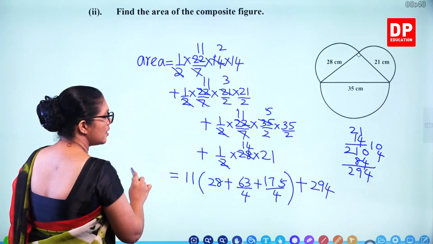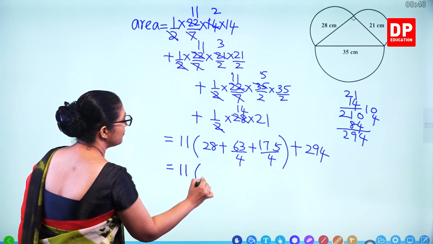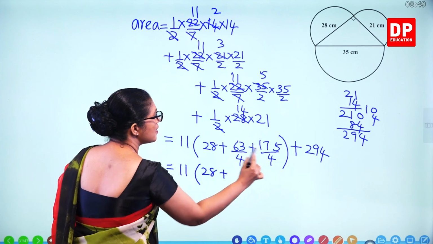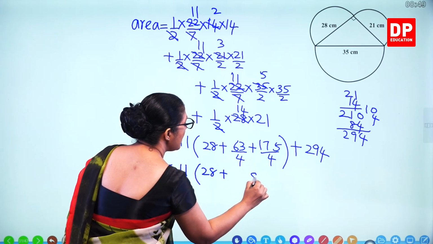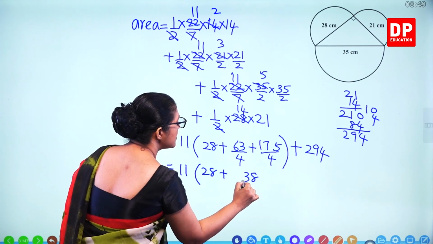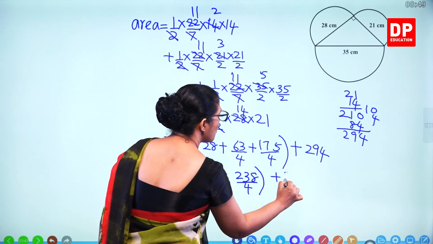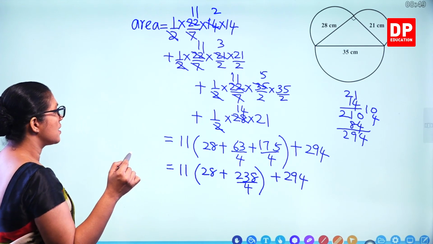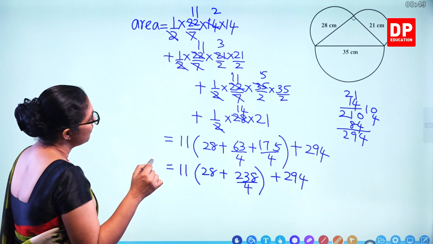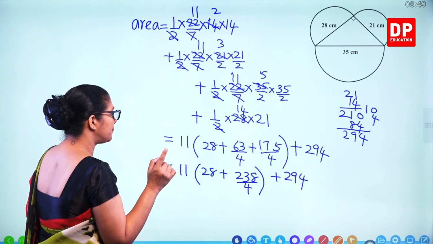So we'll add it. We'll add these two first because of the same denominator there. 5 plus 3, 8. 6 and 7, 13. And 2 divided by 4. Plus 294. Can we divide? 4 times 5, 20, 38. So you get decimals.